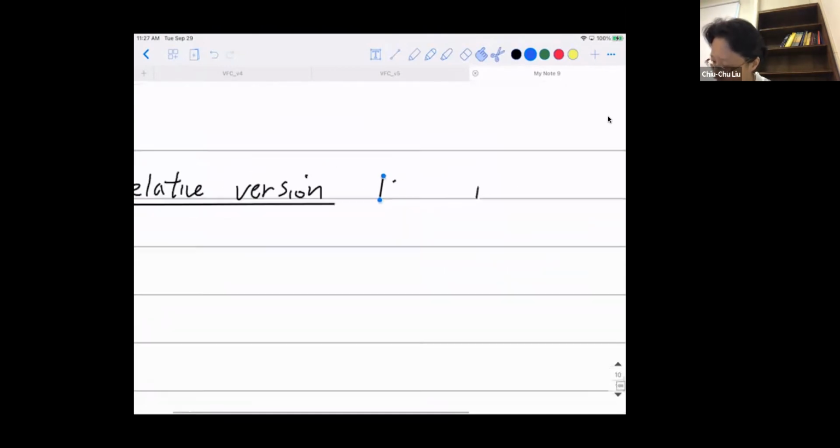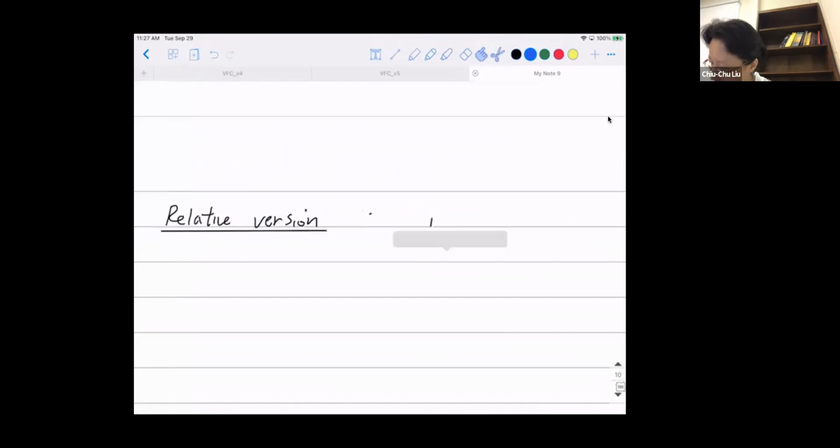Suppose that X is the Deligne-Mumford stack. So we have a projection. In the following we will have many projections.